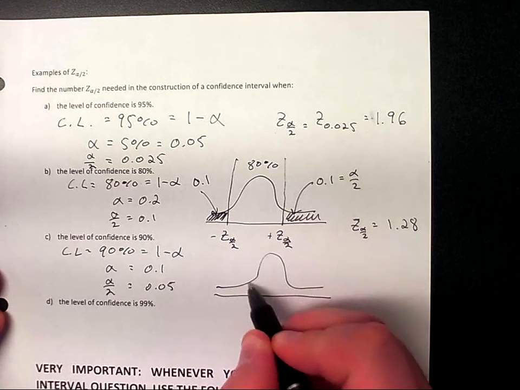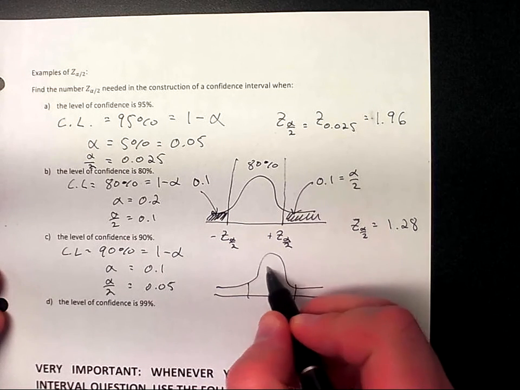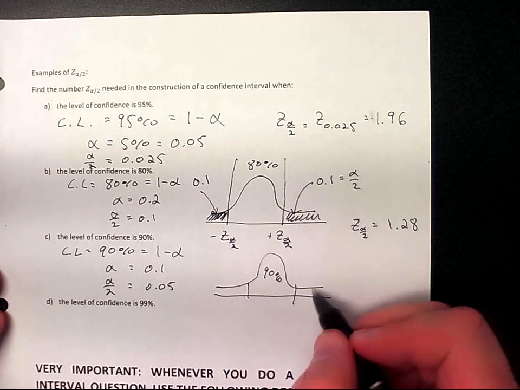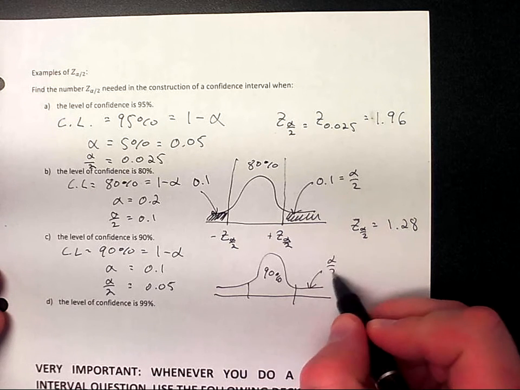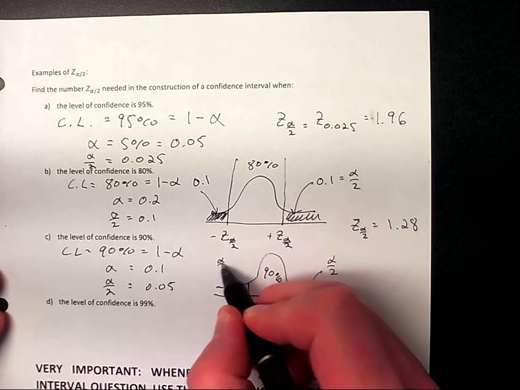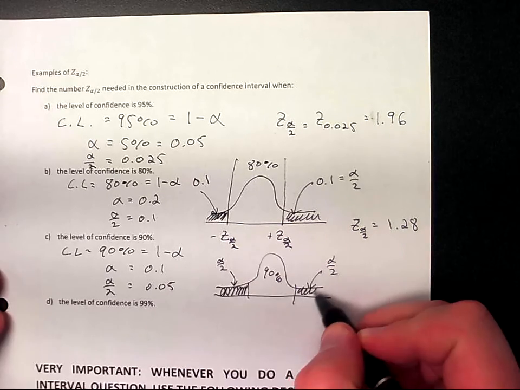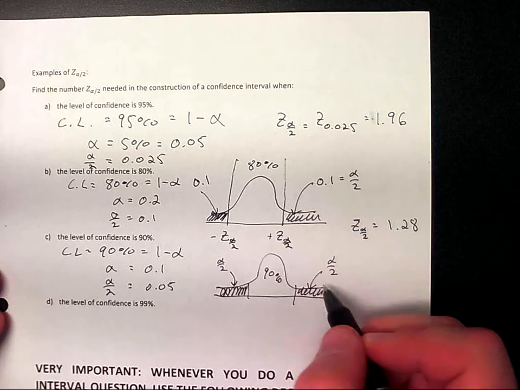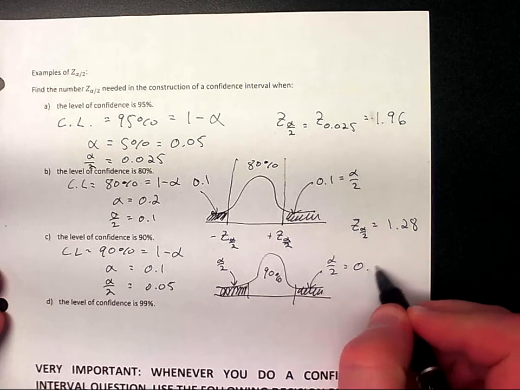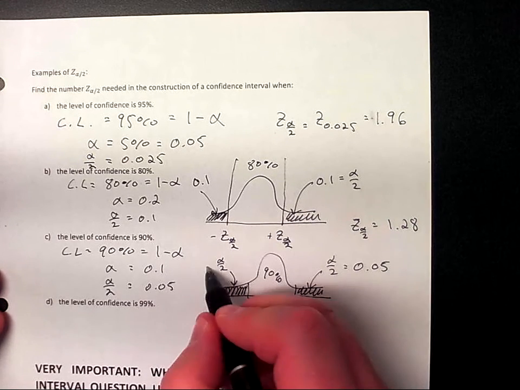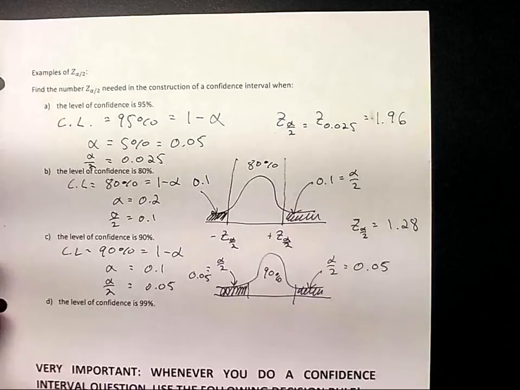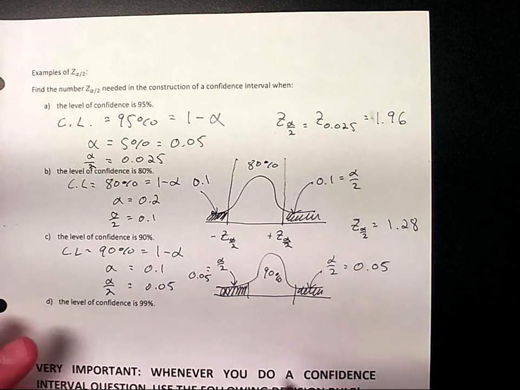So we're putting 90% of our graph between our cutoffs. Over here we have alpha divided by 2, and over here we have alpha divided by 2. So if in here we have 90%, and it's a symmetric distribution, then over here we're going to have 5%, and over here we're also going to have 5%, or 0.05.